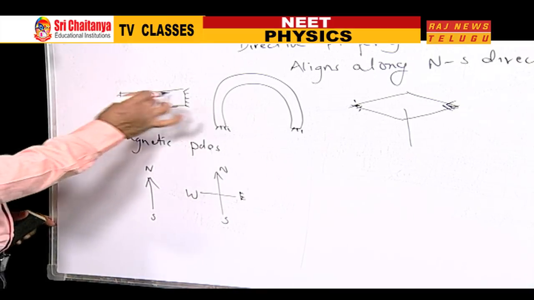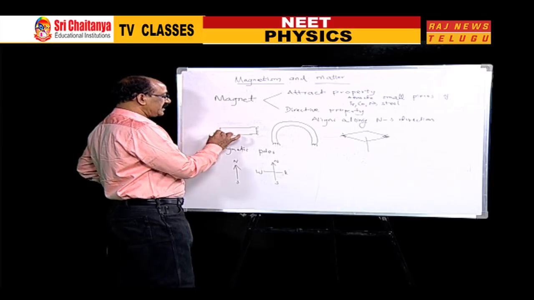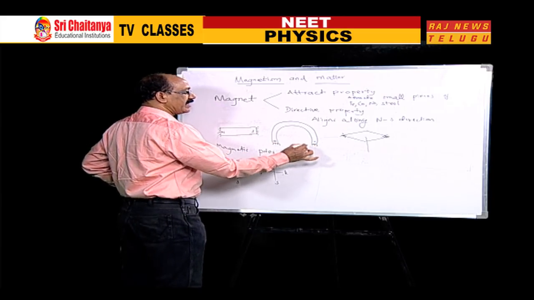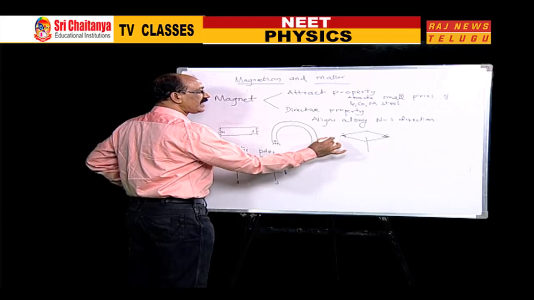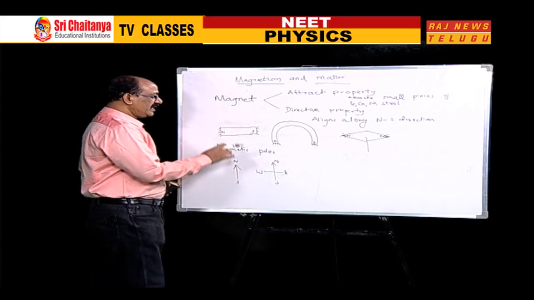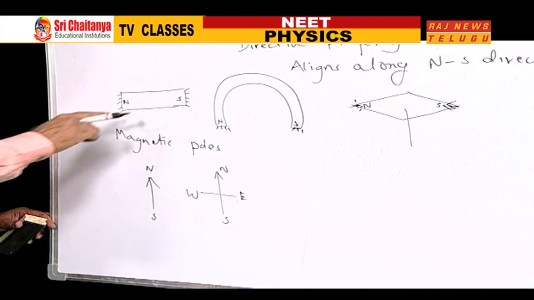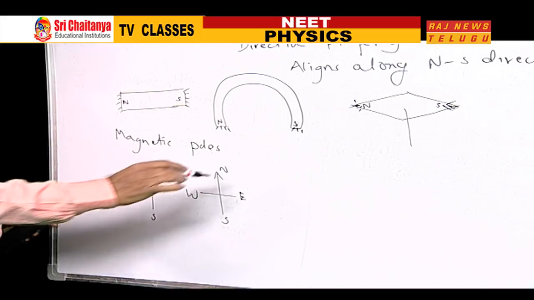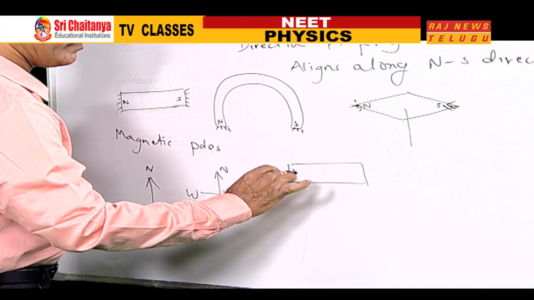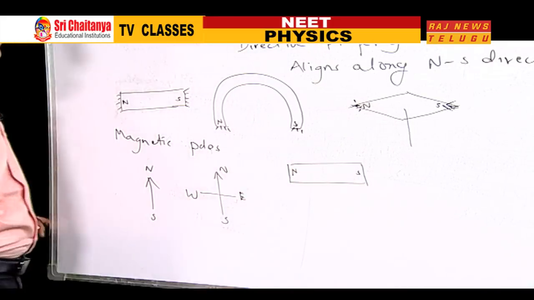If you consider a bar magnet like this, this is north pole, this is south pole; for the horseshoe magnet north pole, south pole; and for the magnetic needle north pole, south pole. For convenience of understanding, let us look at the bar magnet. If you take a bar magnet, we have north pole at this end and south pole at this end.